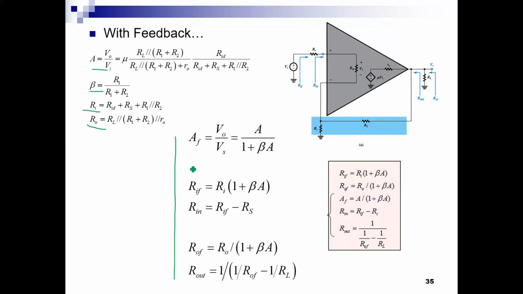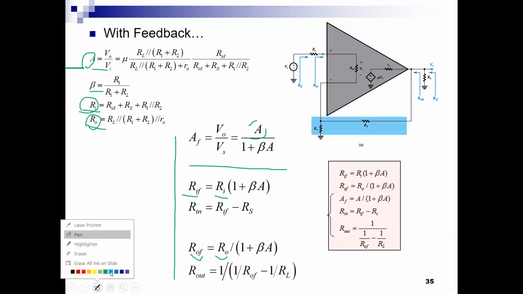This equation we had from the ideal case, VO over VS, it is A over 1 plus beta A, but this is the modified quantity. AF, RIF, from A, and ROF, and RO of the A.